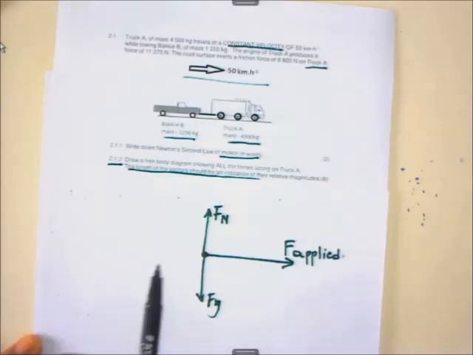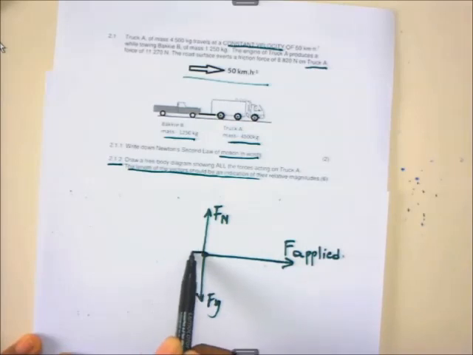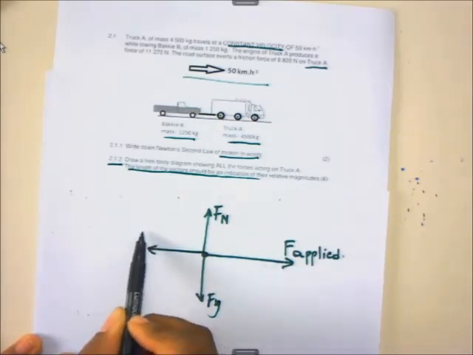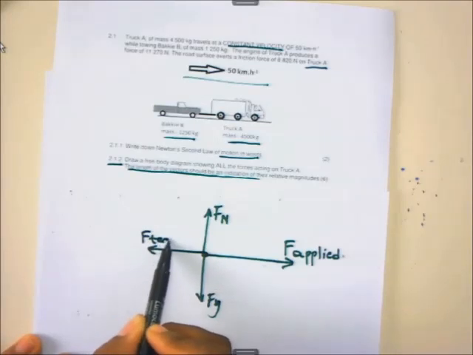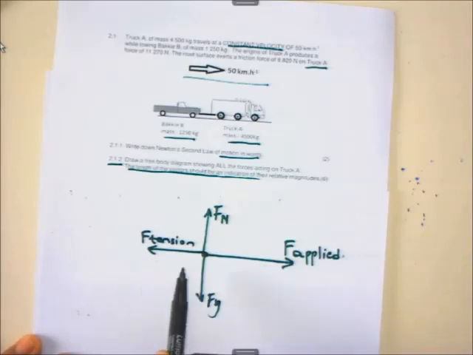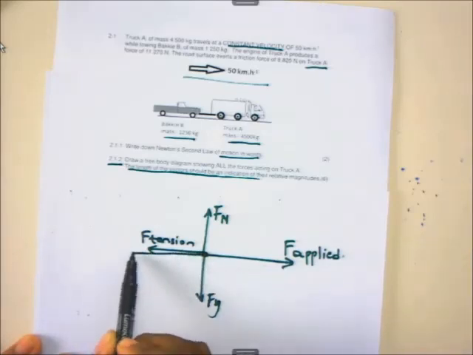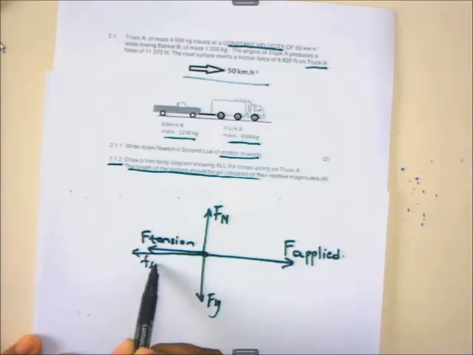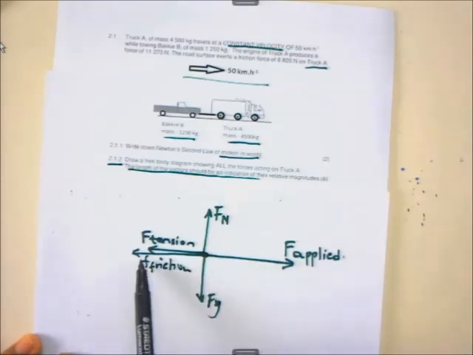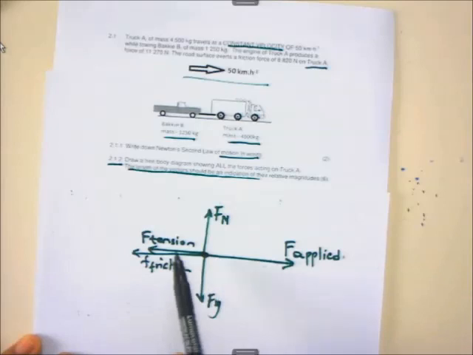Because truck A is moving to the right, we have the tension that is pulling in that direction, F tension. And also we have F friction. But not forgetting that our lines must not be the same length.